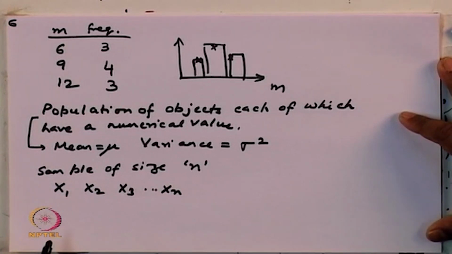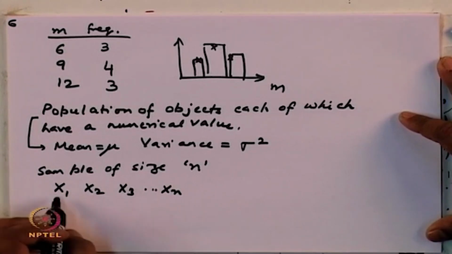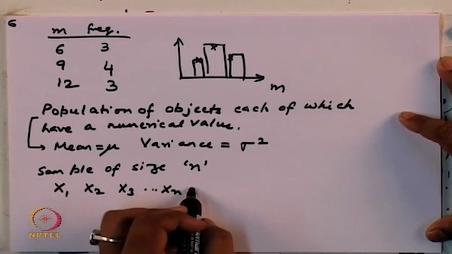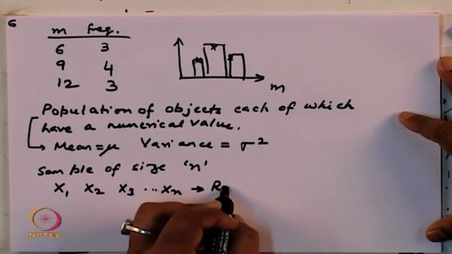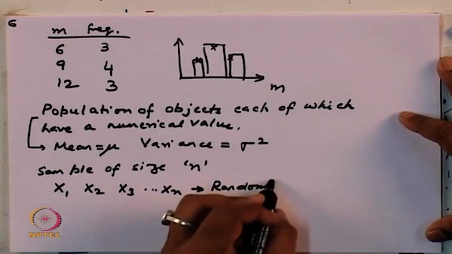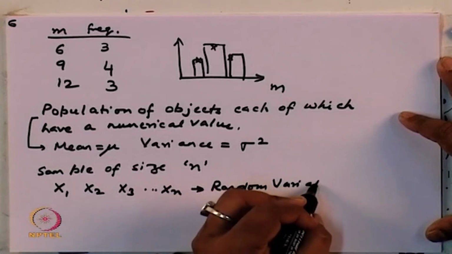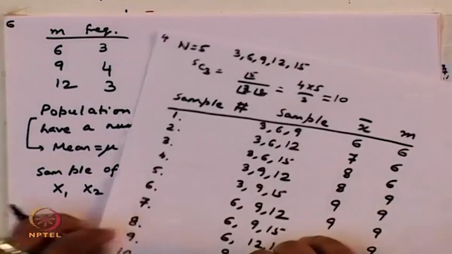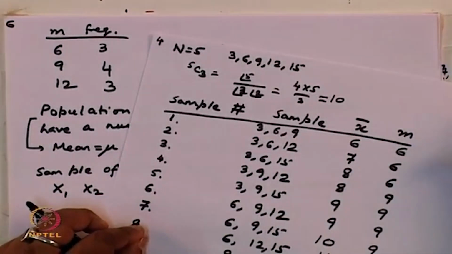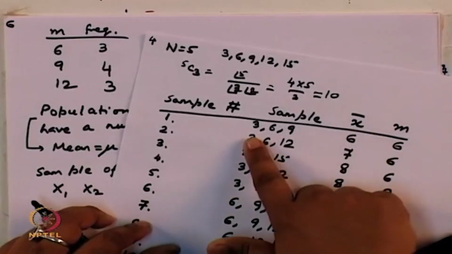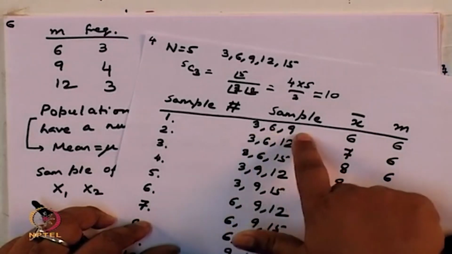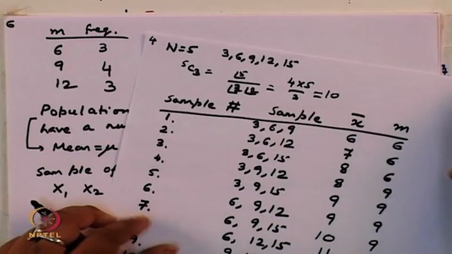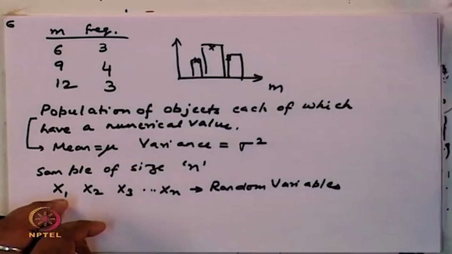So, each of these x's are random variables. As in the previous case, you can see that each of these numbers is a random variable. The first number is x1, second is x2, third is x3. Each of them can take different values, hence the random variable.